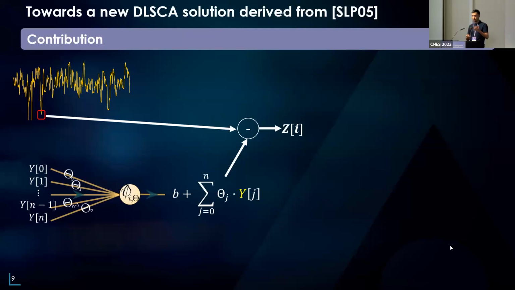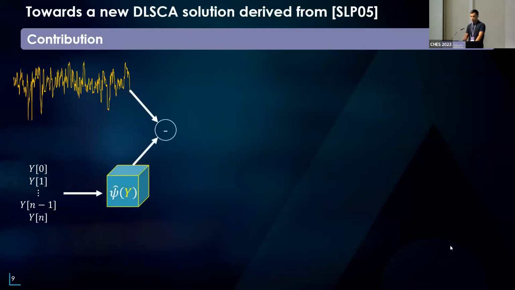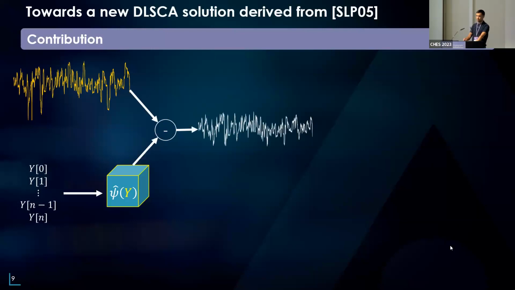Therefore, what we want is to design a psi layer with d neurons, such that each of those neurons characterizes the leakage model related to each time sample. Once this psi layer is designed, we can subtract the related leakage models from the physical trace in order to obtain an estimation of the physical noise.